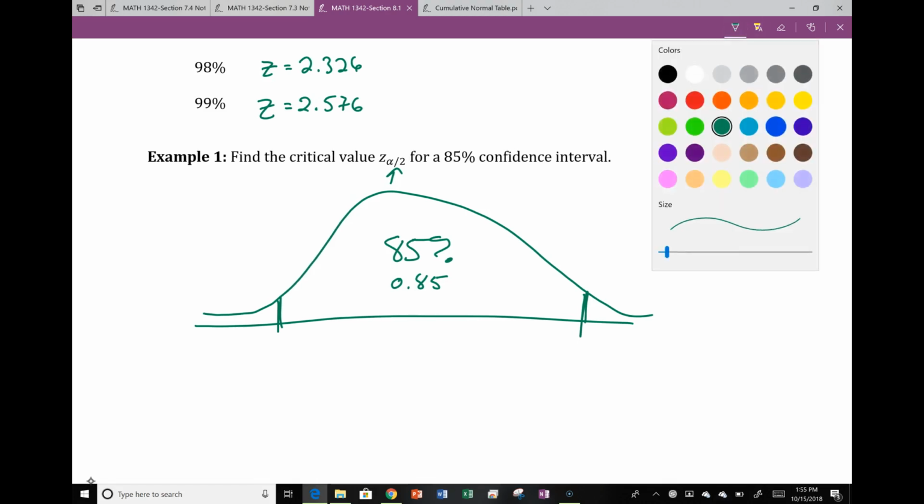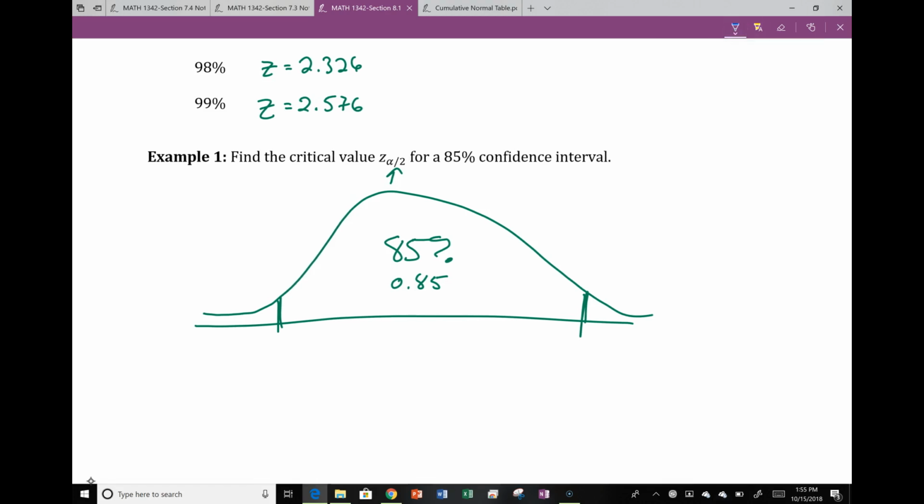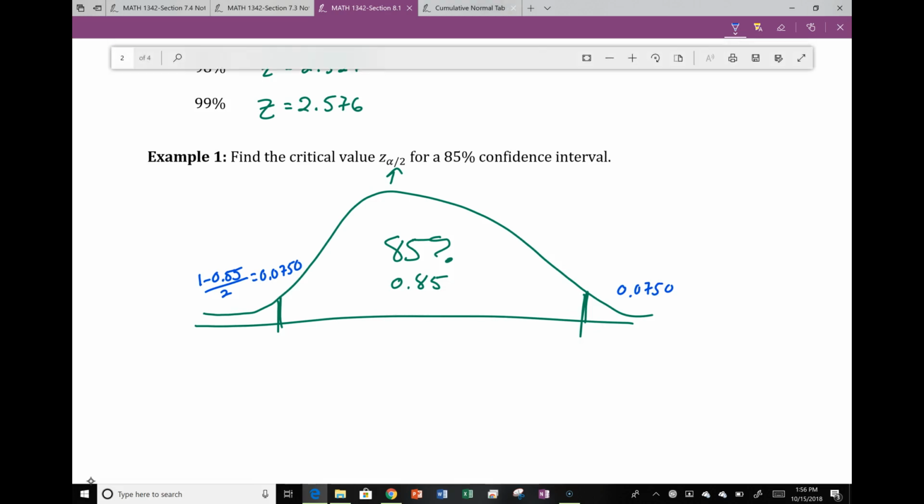To find the critical values, I'm going to have to take 1 minus 0.85 and divide that by 2. When I divide it by 2, the reason I'm dividing it by 2 is because I have 2 tails. And I get 0.0750. So this is the amount in our shaded area, our little tails.